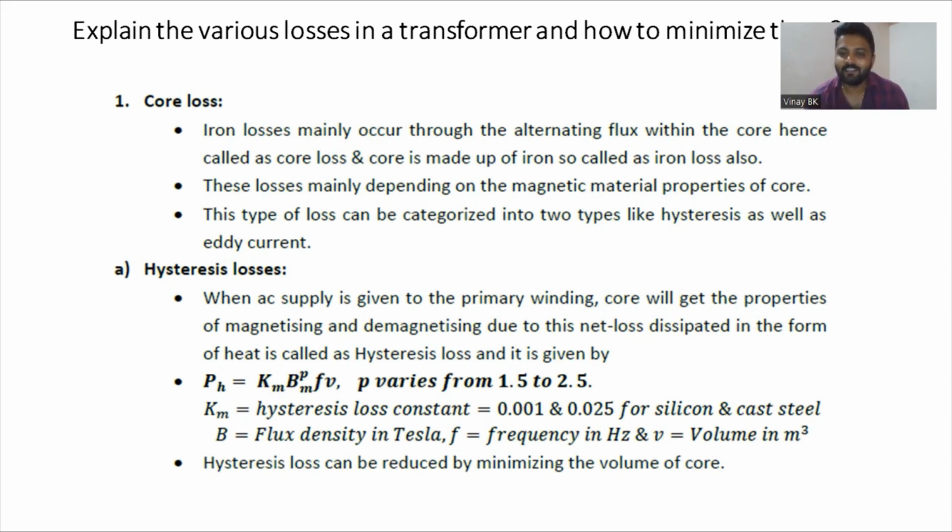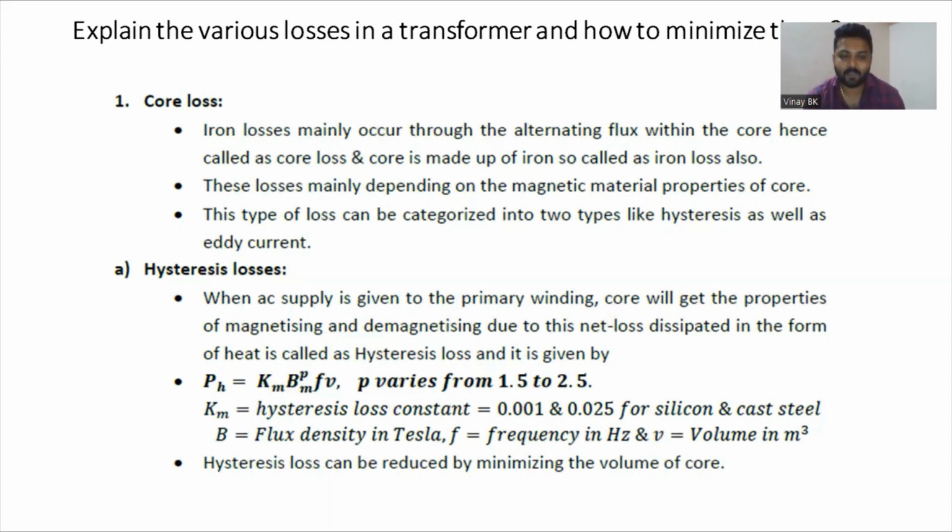Due to this, the net loss dissipated in the form of heat is called hysteresis loss, and it is given by Ph = Kh Bm^P f V, where P varies from 1.5 to 2.5, and V is the volume of the core in meter cube.